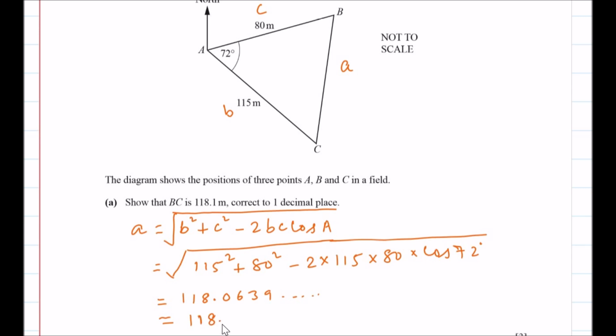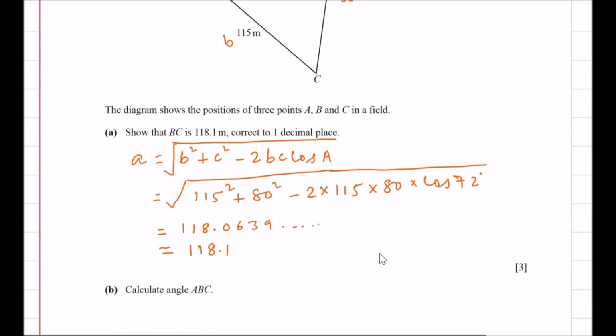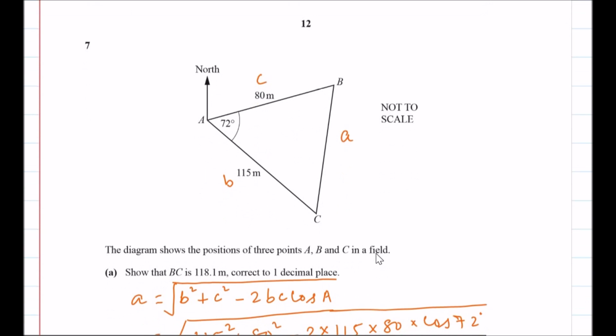We need to show this step. First you write the calculator value, then you round it to the answer given. Okay. Next, calculate angle ABC.